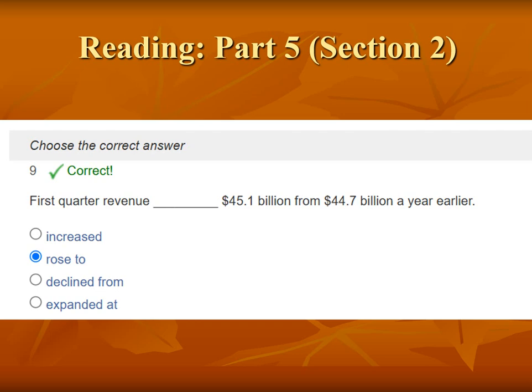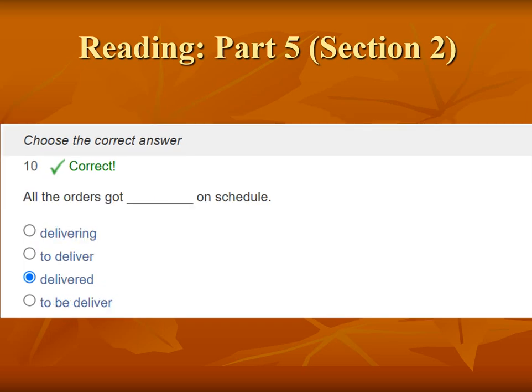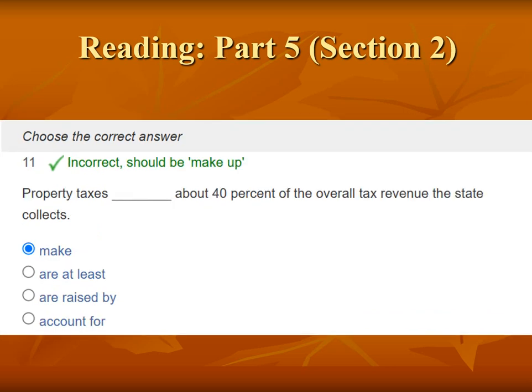First quarter revenue rose to $45.1 billion from $44.7 billion a year earlier. All the orders got delivered on schedule.